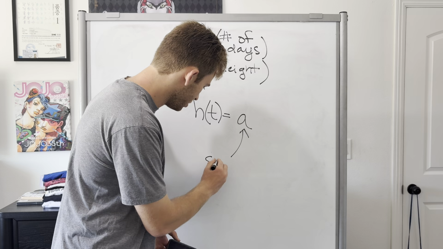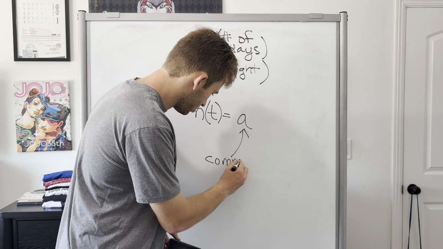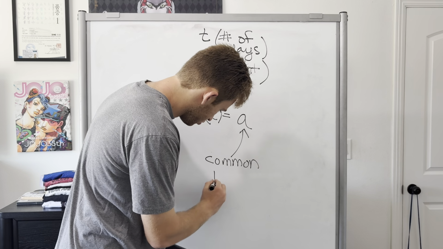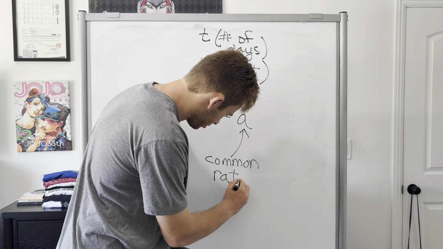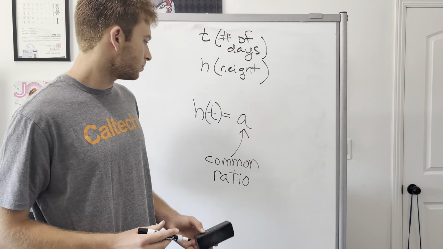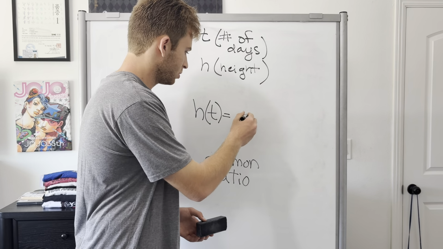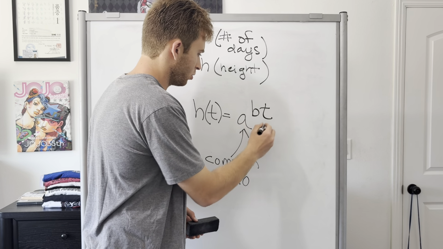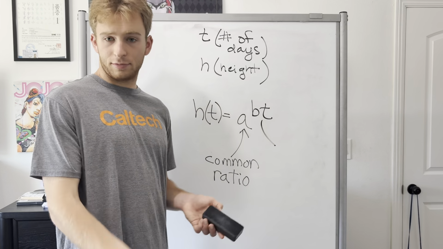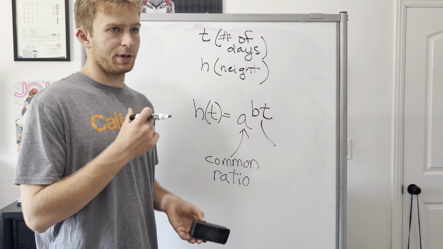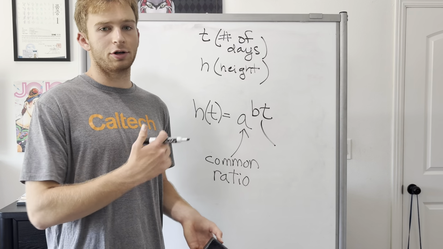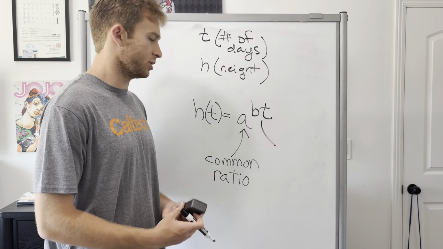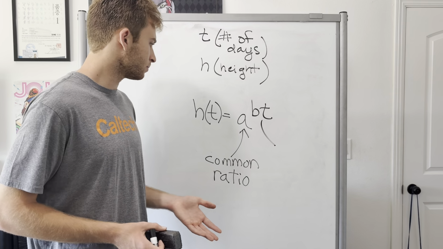We call that the common ratio, times a raised to the bt, where b is kind of like what I was just talking about, where it grows every half day, or it could grow every quarter day or something like that. It's just something that transforms the function.